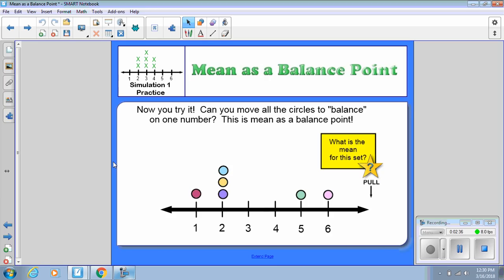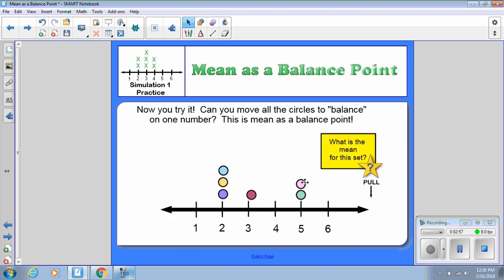So for this one, I'm going to show it to you, so it's going to be a little bit slower. You take, it doesn't matter which end you start on, the left or the right, as long as you start on the one that's farthest away. So I can start with either the 1 or the 6. I'm just going to start with the 1, then move it 1. Then go to the 6, move it 1.